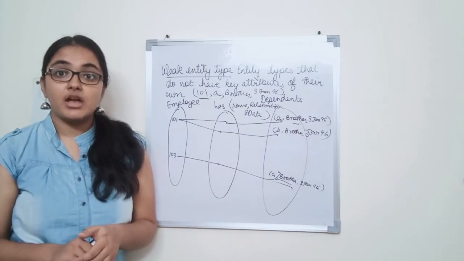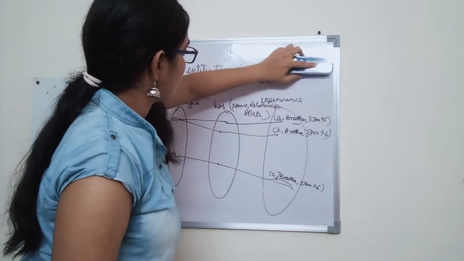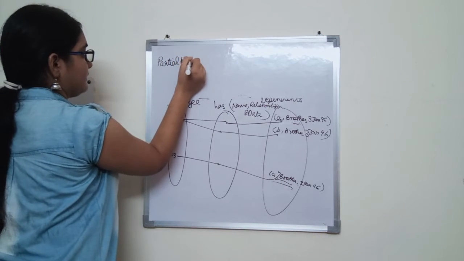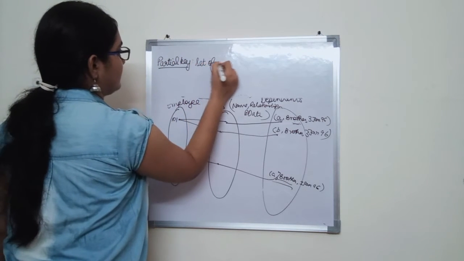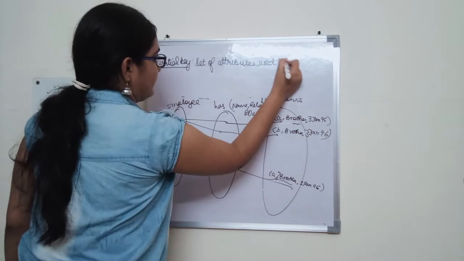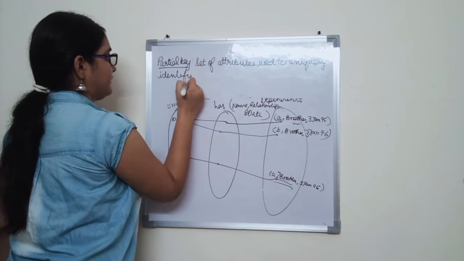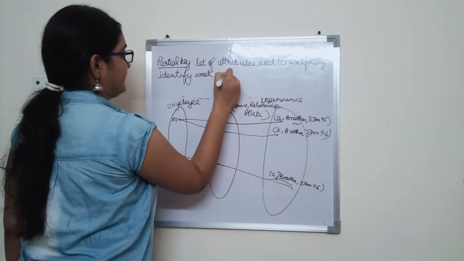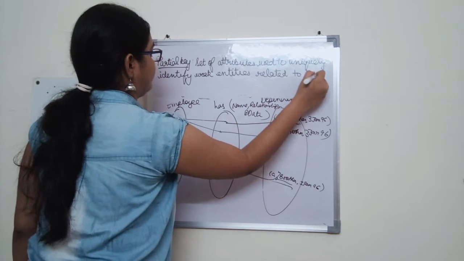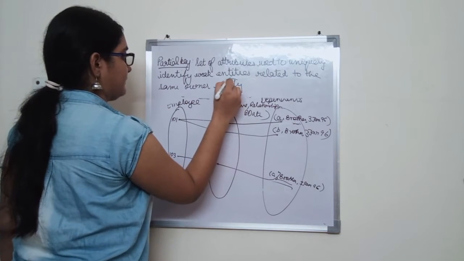Let me now write down the definition of partial key. The partial key is a set of attributes used to uniquely identify weak entities related to the same owner entity.